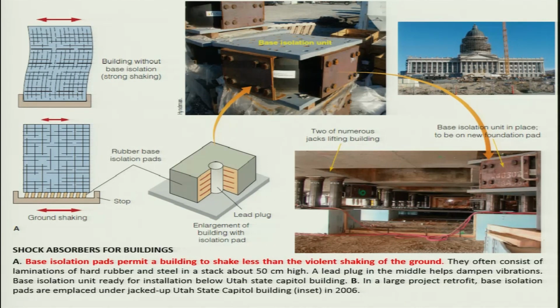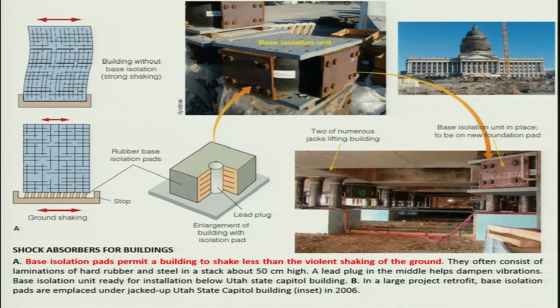Now, with more development in terms of seismic safety, many countries, including India in some places, have started using shock absorbers for buildings, and this is what we call base isolation pads, which permit a building to shake less than the violent shaking of the ground. Usually this is comprised of lead, and this portion is a rubber base which is put at the base of the building.